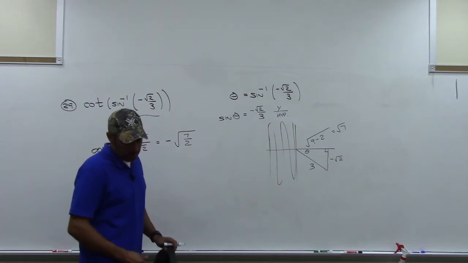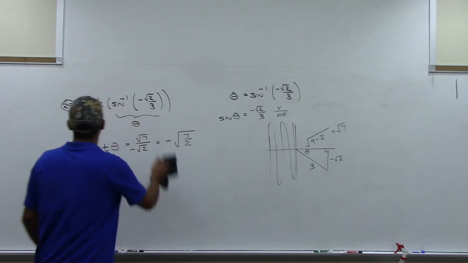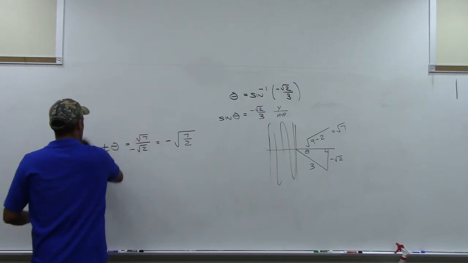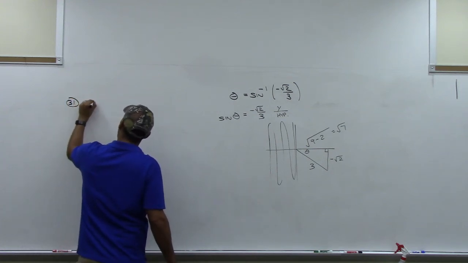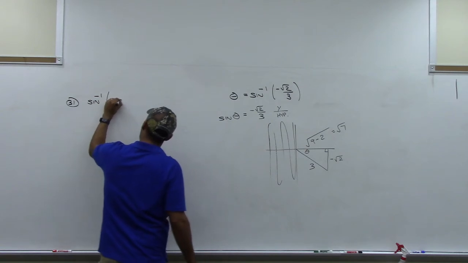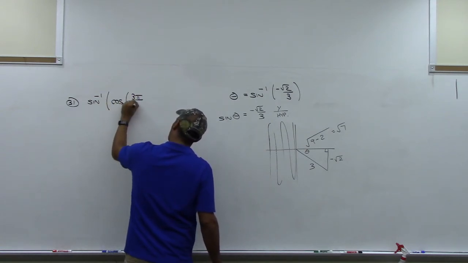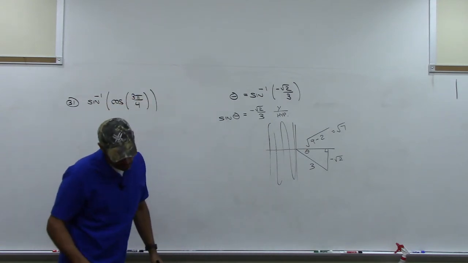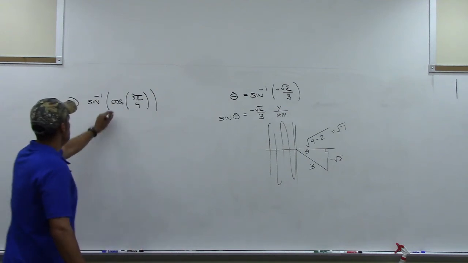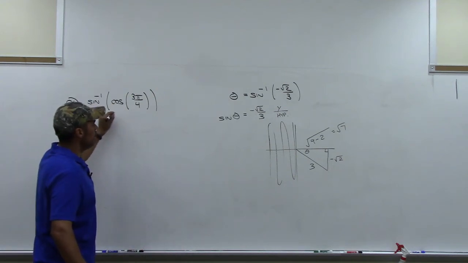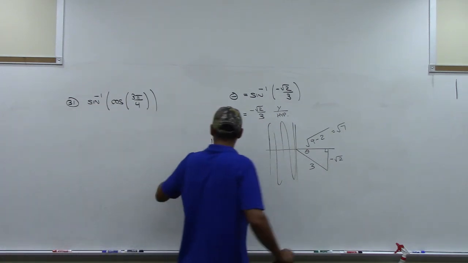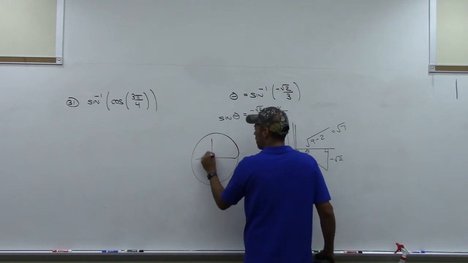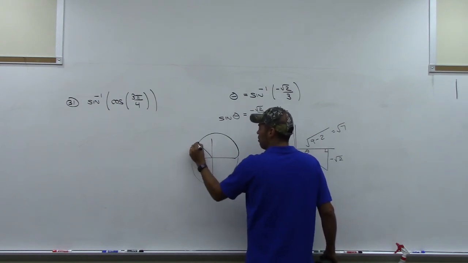35, arc sine of cosine of 3 pi over 4. All right, this in here returns a number, not an angle. So cosine of 3 pi over 4 is the x-coordinate at 3 pi over 4. 3 pi over 4 is a common angle. So the x-coordinate here is negative root 2 over 2.